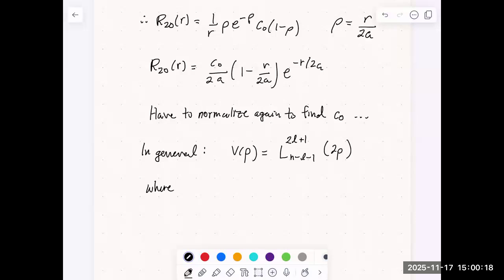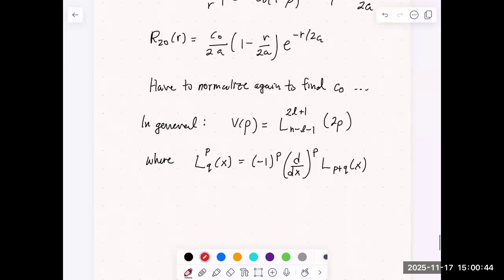So it's denoted L with these subscripts that depend on the values of n and L, where this thing is equal to -1 to the P, the Pth derivative. I don't know if I've ever said Pth before. The Pth derivative of some other special function. This L thing is called the associated Laguerre polynomial.